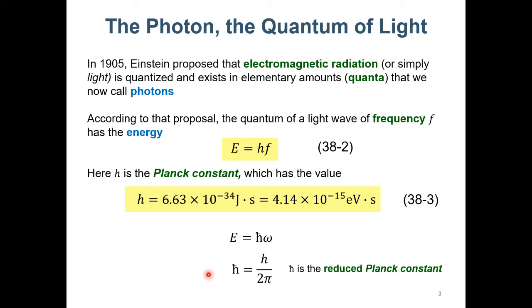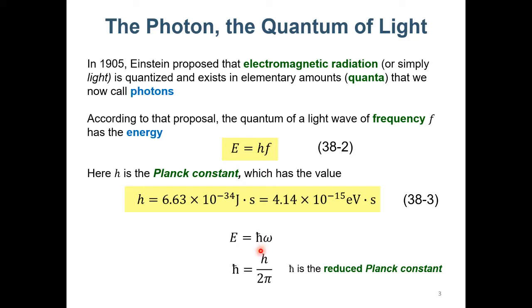But here I just tell you that there's a constant, the Planck constant h, which is 6.63 times 10 to the minus 34 joule-seconds. And if you divide it by 1.6 times 10 to the minus 19, which is the elementary charge, it will be converted to eV-seconds.